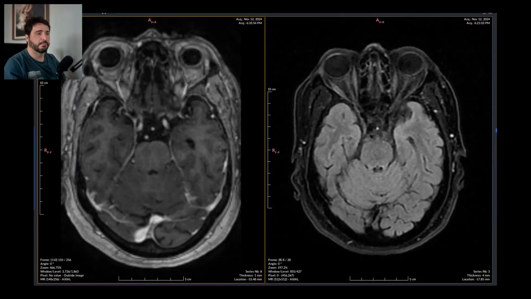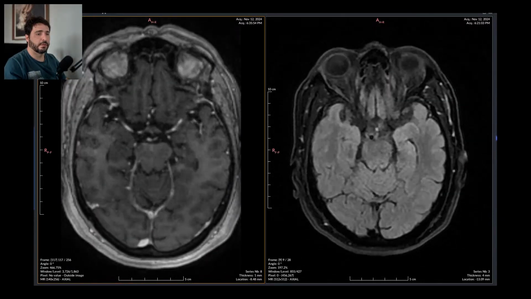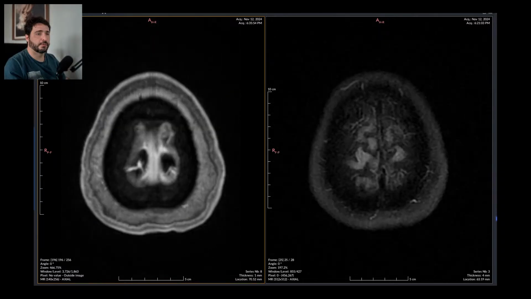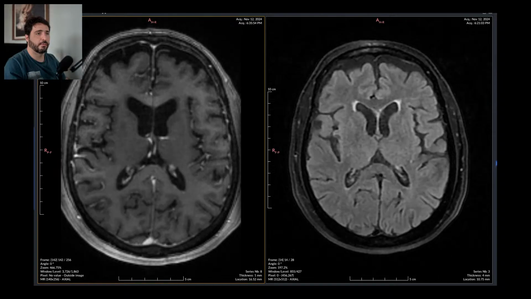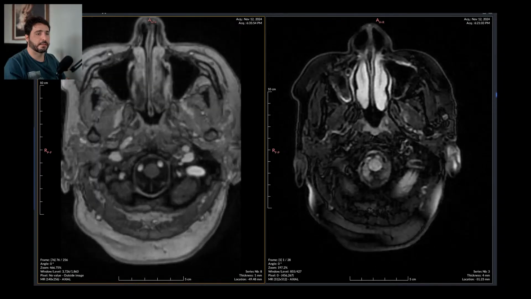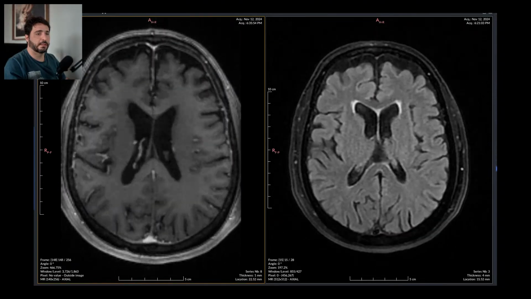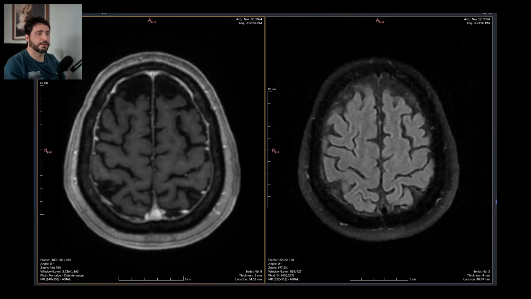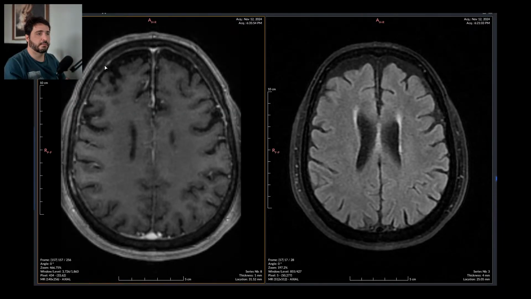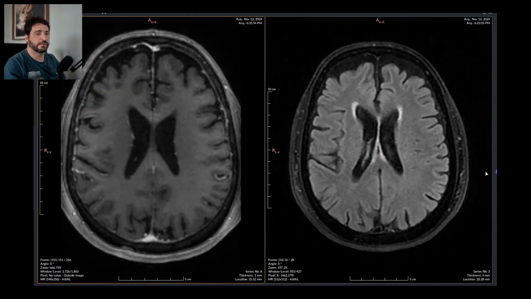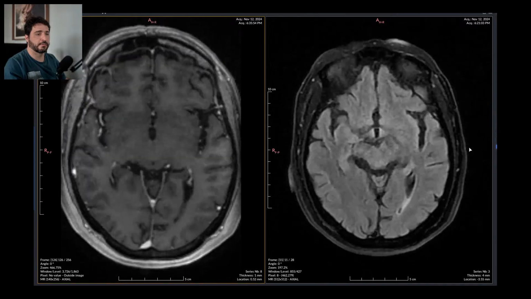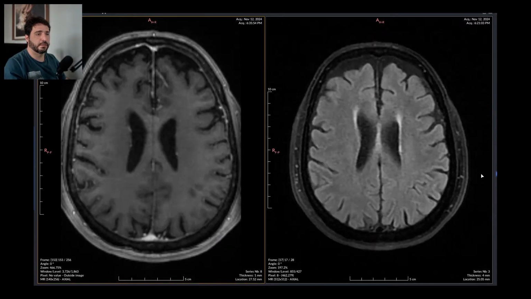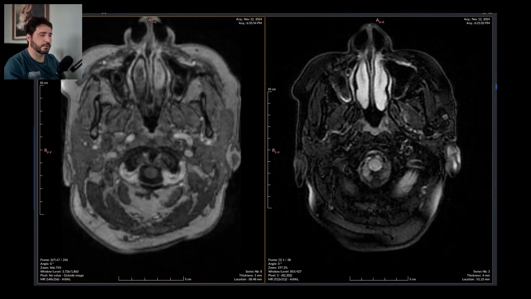It's usually both pial and pachymeningeal enhancing. This isn't really enhancing much, just mildly enhancing on the frontal and parietal lobes, nothing that draws my attention as pathological. No thrombosis, no sites of enhancing lesions on the brain.